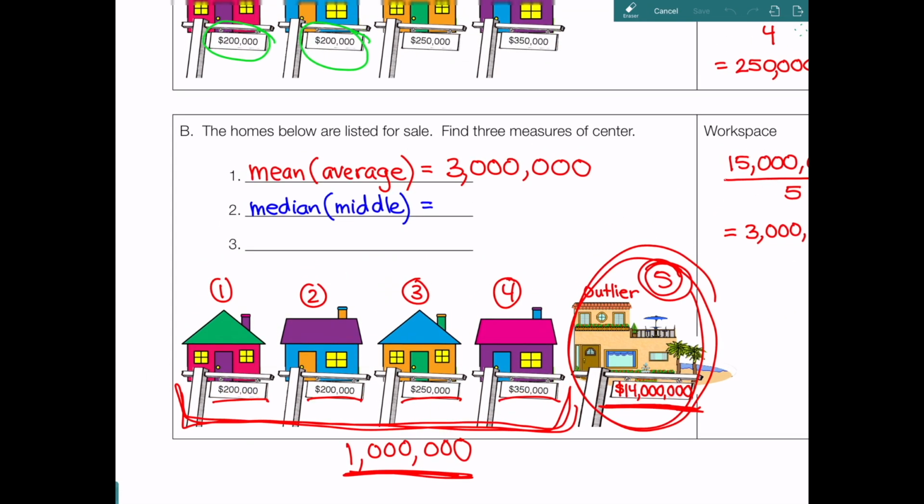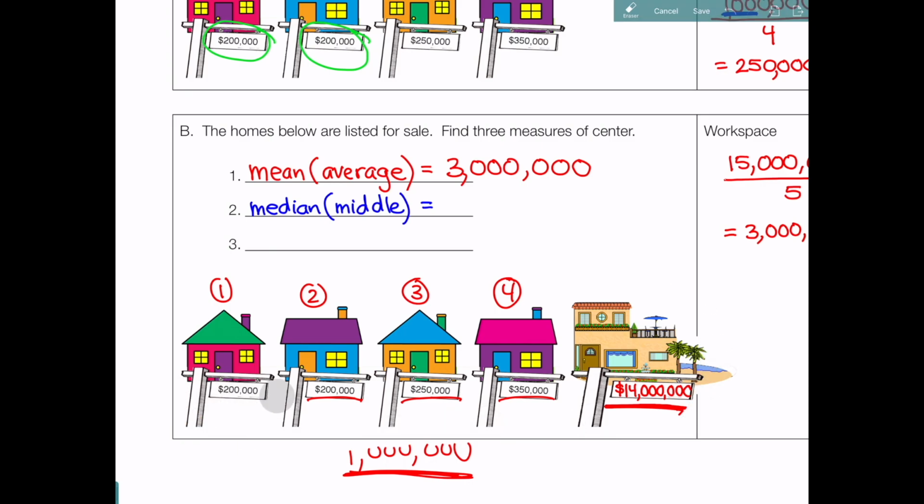And let me clean this up so it's easier to see. So remember that when you're looking for the median, the houses have to be in order from least expensive to most expensive. So here they're already in the correct order from least expensive to most expensive.